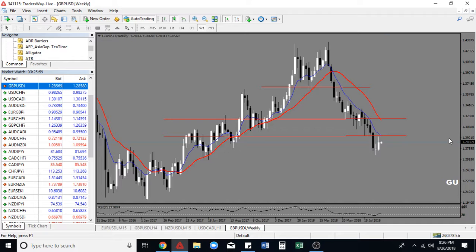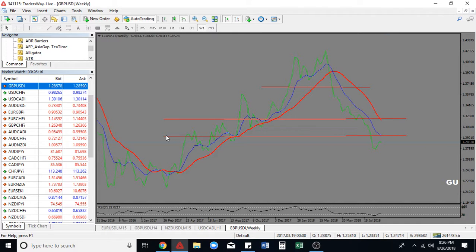Drop down to a lower time frame. We got a break below, a close below. It gave you a retrace in the week. It tested this level right here that we drew from the monthly time frame.